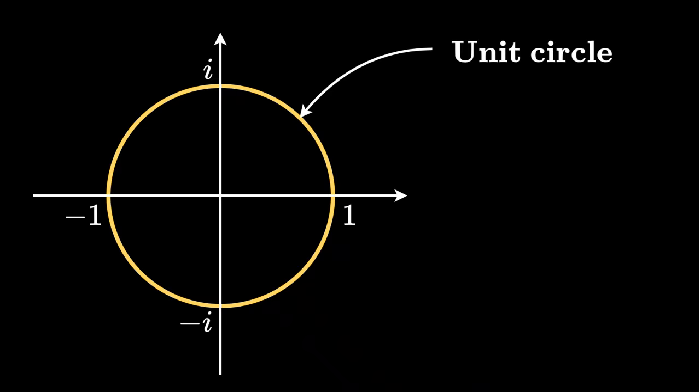Before moving into rotations, let's discuss how rotations can be defined in mathematics. The easiest way to explain what rotation is, is by using complex numbers. So we define the unit circle on the complex plane.